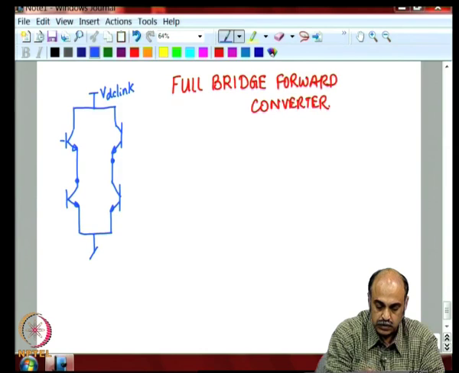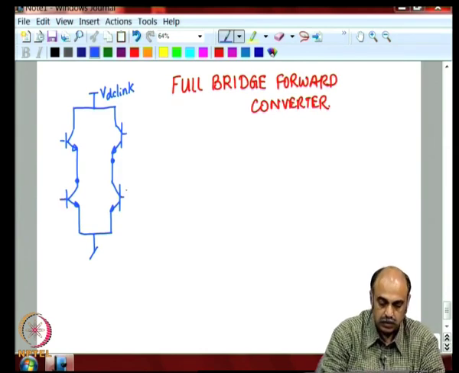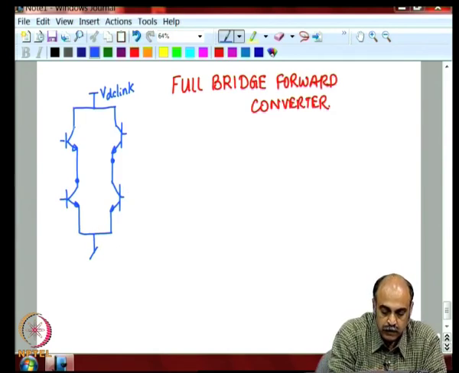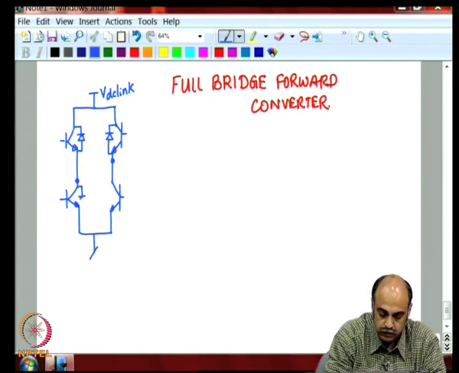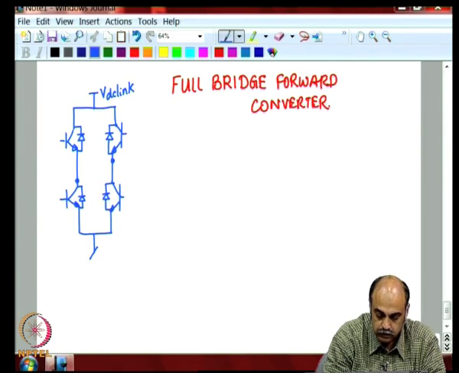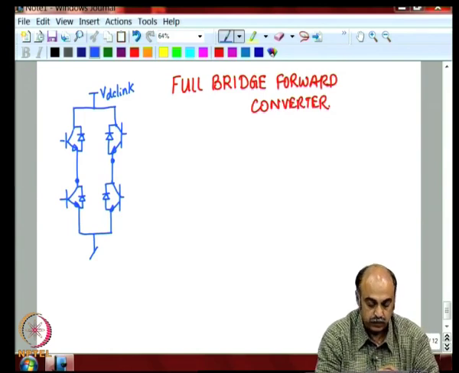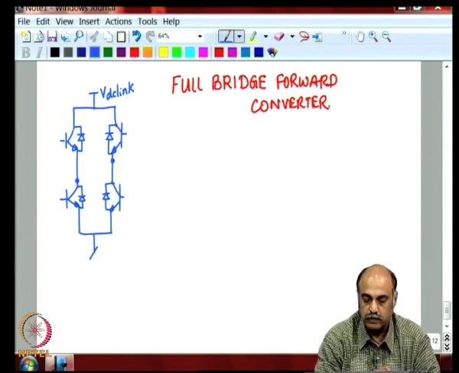So, these switches what I have written could mean BJT, it could also mean IGBT, it could also mean MOSFETs. So, consider them to be any one of the type of the semiconductor switches, and you have the reverse diode connected like this. It is assuming that you have these diodes. If the body diodes are there, you need not put them externally. If they are not there, you have to put them externally.